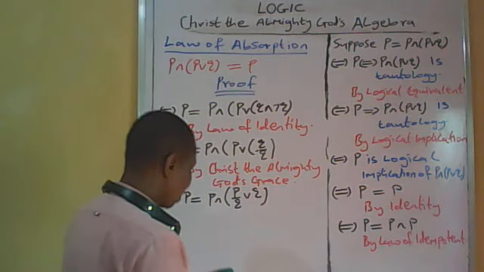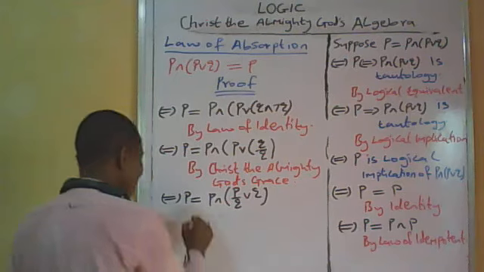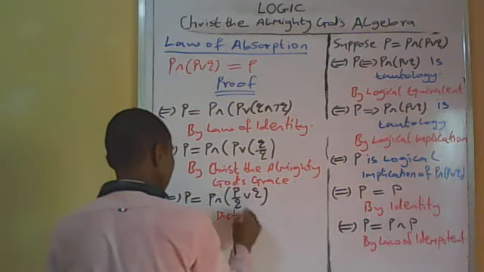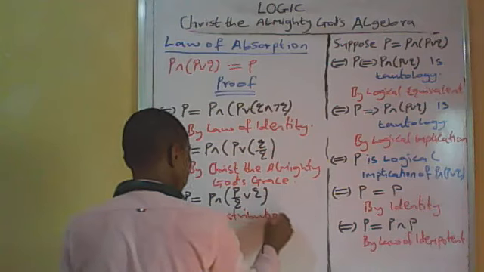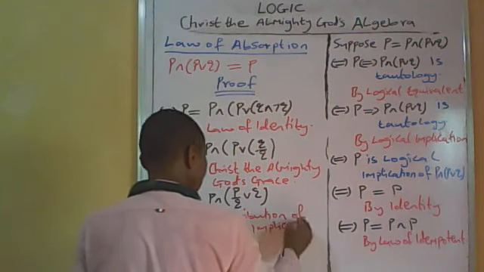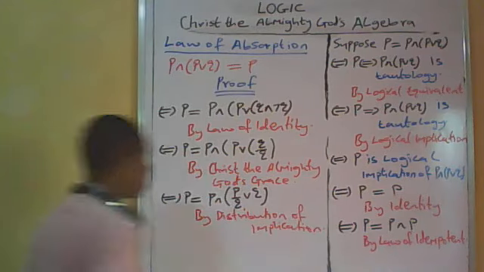So we justify by distribution of implication.